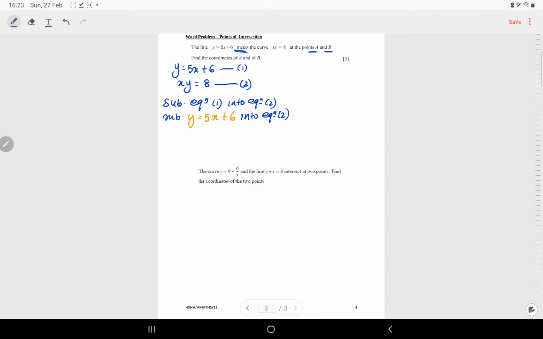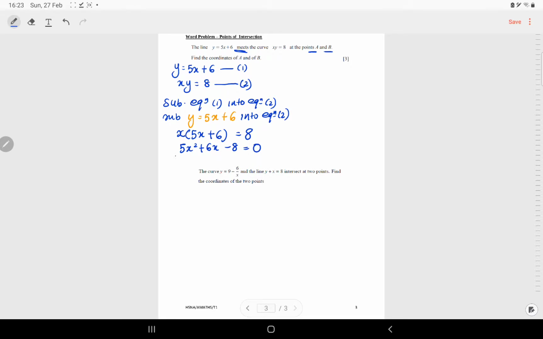So now we substitute this in there, and my y now becomes 5x plus 6, equals 8. Now, next is to expand it. That will give me 5x squared plus 6x minus 8 equals 0.